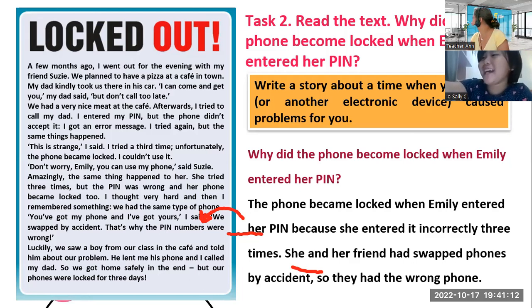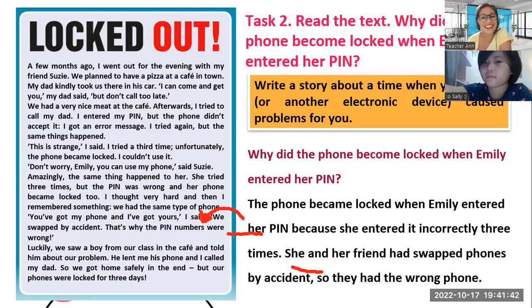What can you say? I want to listen to you talk about your story. Okay, after that, when we checked out, something went wrong. I used my pin and it's wrong. What's wrong? asked my mom. Then I replied, something went wrong with my pin, mom. Let me try again.